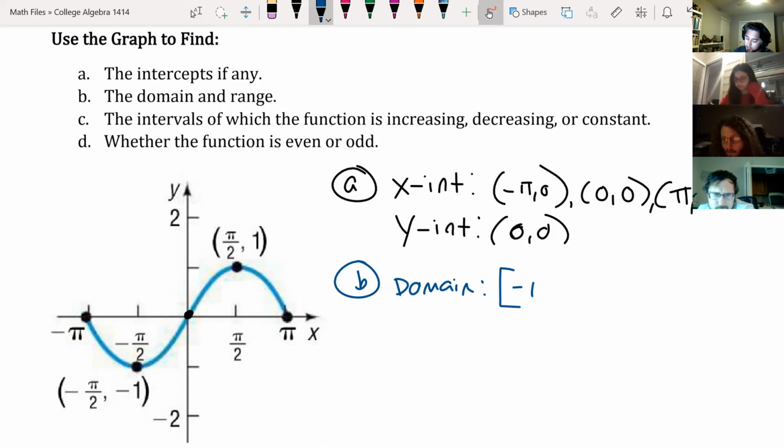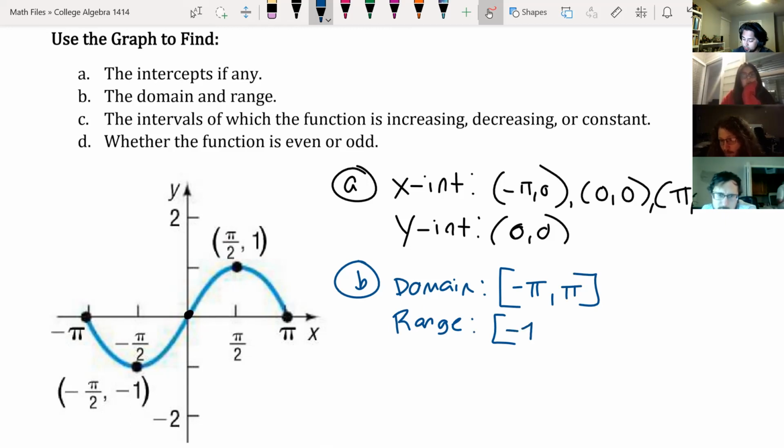Negative pi, and end where? Pi. There you go. And my range, where would we start? Negative 1, and stop at 1. Perfect.